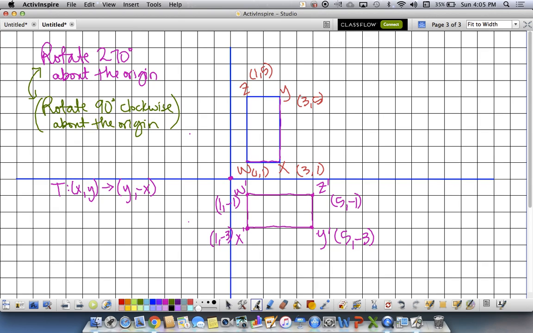Okay? Are you ready? Next, what happens if we don't rotate it about the origin? Okay? This one gets a little tricky and they only ask you like one question. So if we rotate something, rotation that is not about the origin.